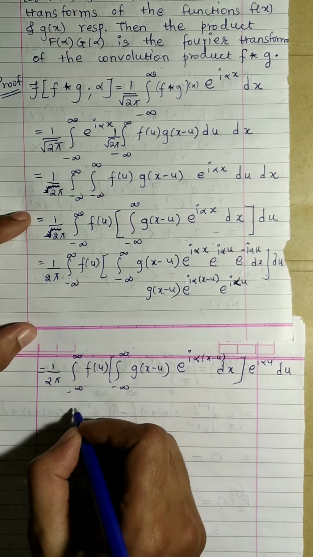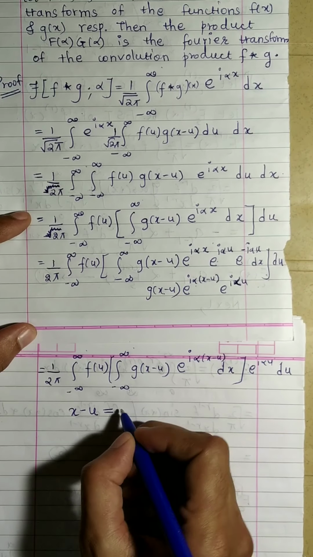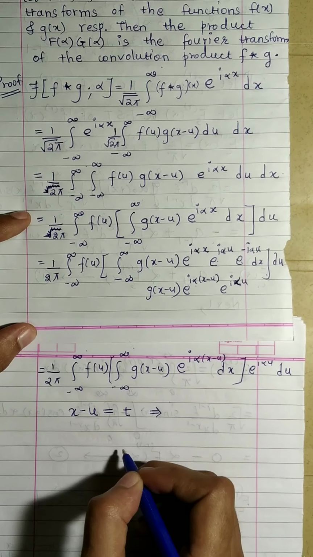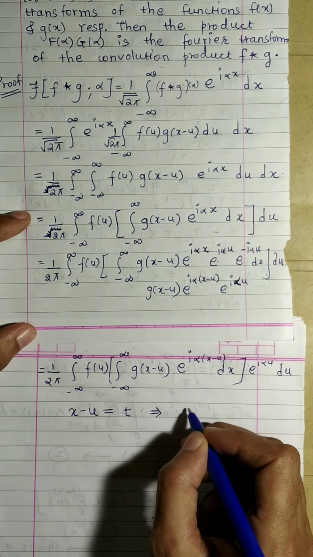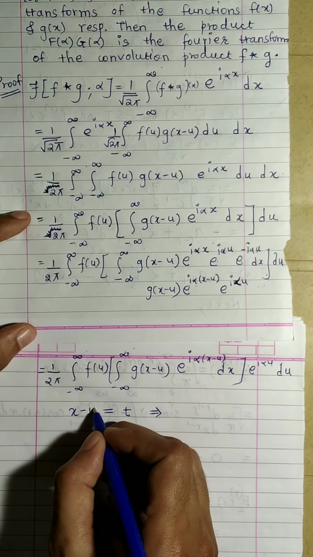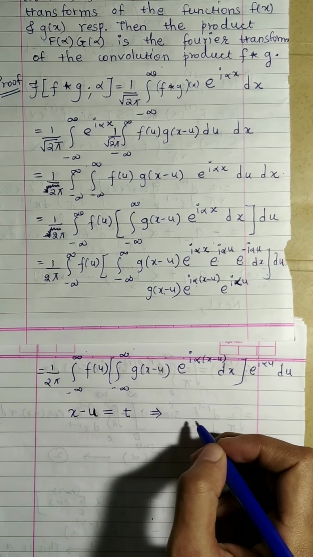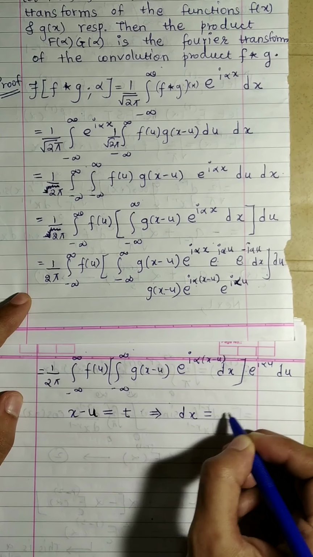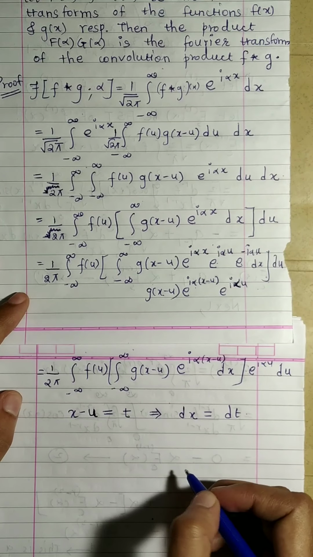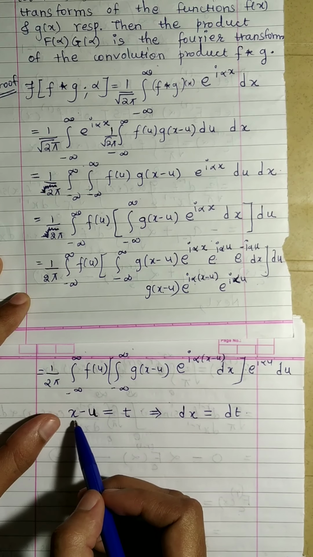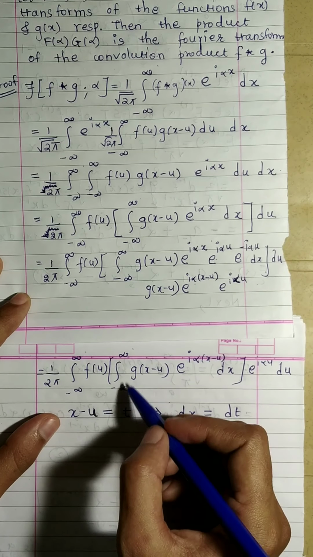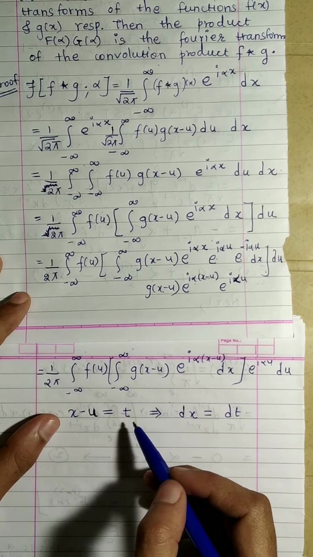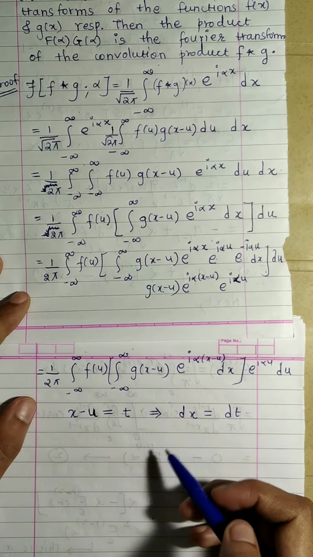Now we make the substitution x minus u equal to t. This implies dx is equal to dt. For the limits, as x goes to infinity, t goes to infinity, and as x goes to minus infinity, t goes to minus infinity.